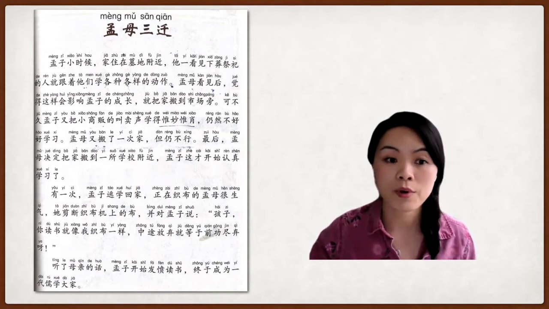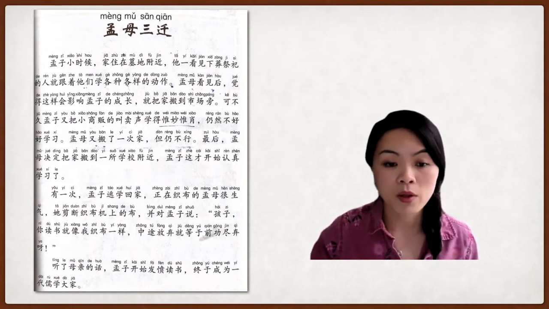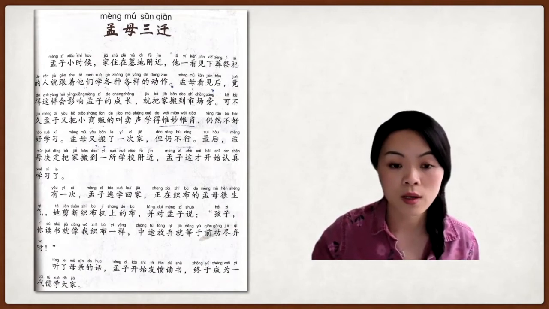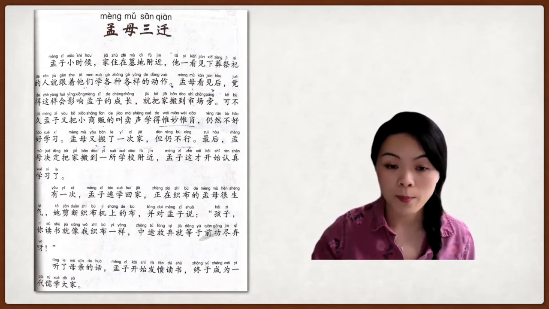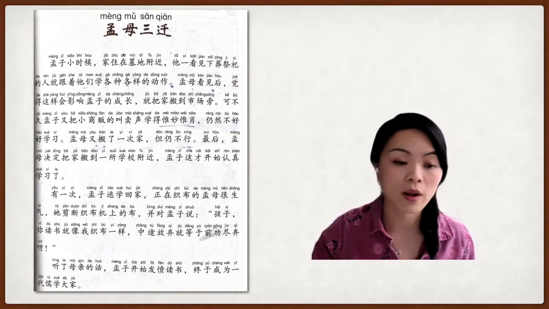So Mencius ran away from school and came home earlier. So the mother was weaving the cloth at the loom, and the mother was very angry. 孟母很生气. She was very angry.